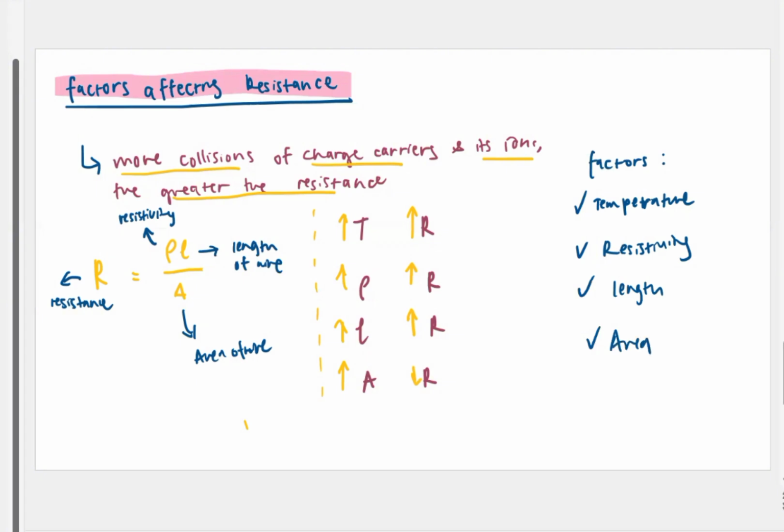And now we're going to write this as proportional to R, and this one is inversely proportional to R. Voila, that's all. Alright, I hope it is understood.